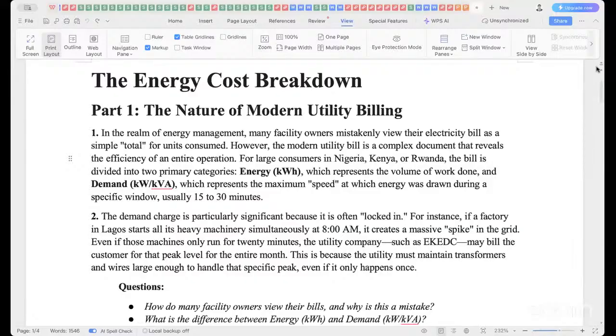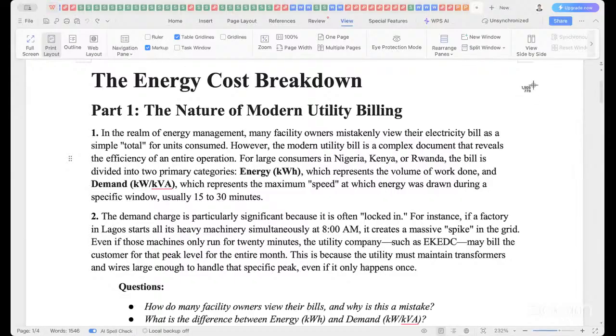Or let me also ask, for those in Nigeria, but of course we also have Kenya and Rwanda, what are the common challenges we see with this type of billing system, whereby they say an area is band A, another area is band B, and things like that? And also in those areas in band A, many people cannot pay for the energy. What is the mistake in that type of billing system?